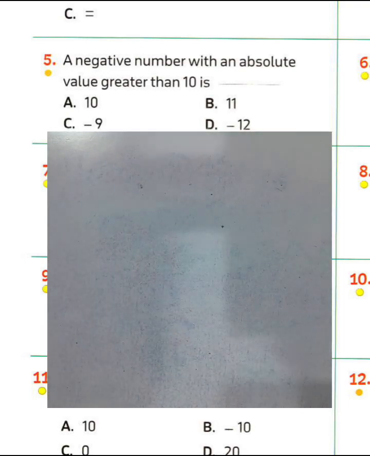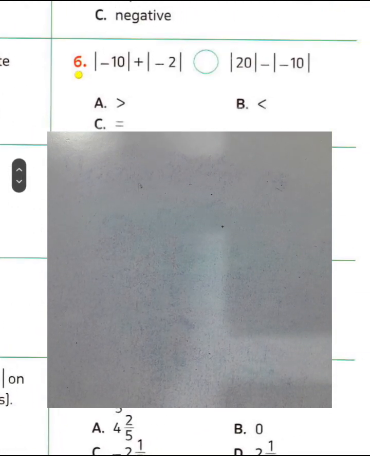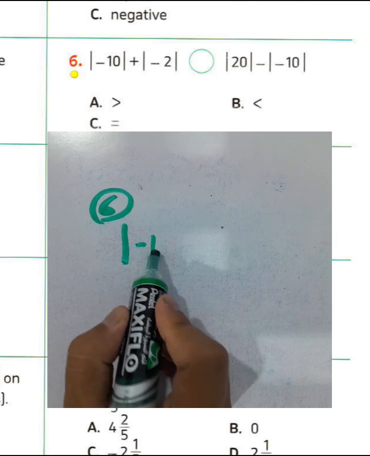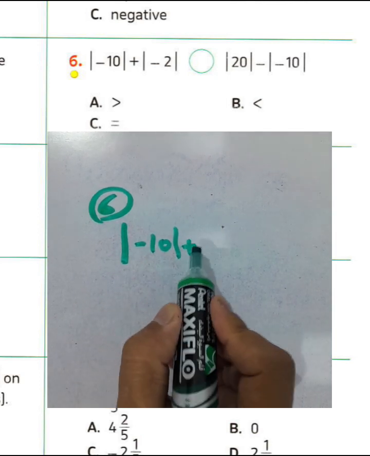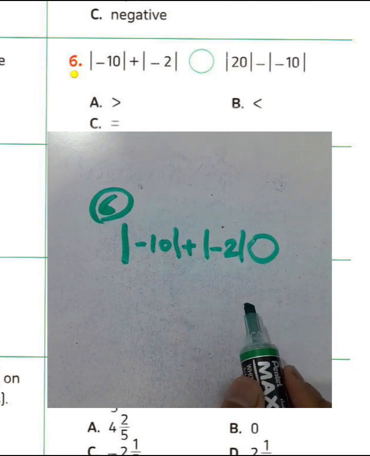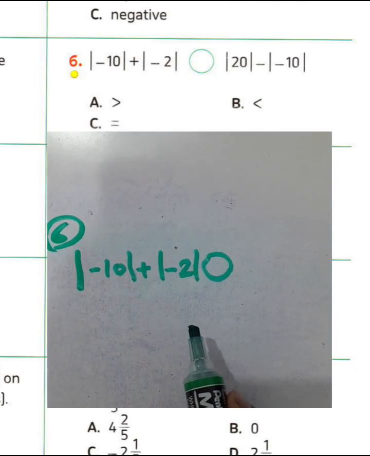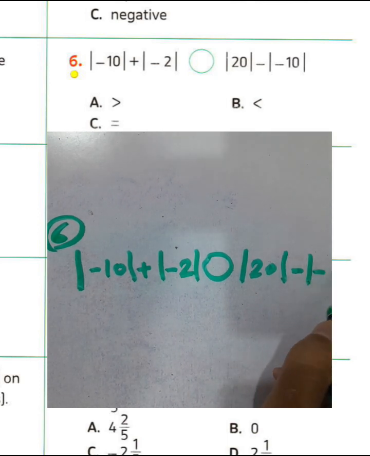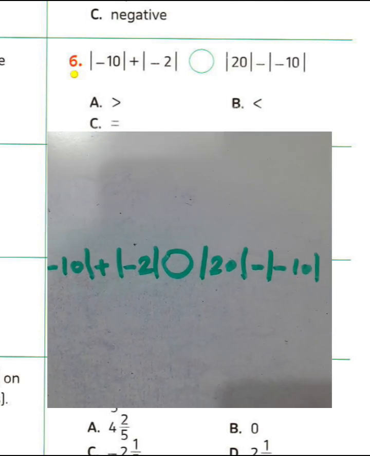Understood? Question number 6. The absolute value of negative 10 plus the absolute value of negative 2, or the absolute value of 20 subtract the absolute value of negative 10. Which is greater?